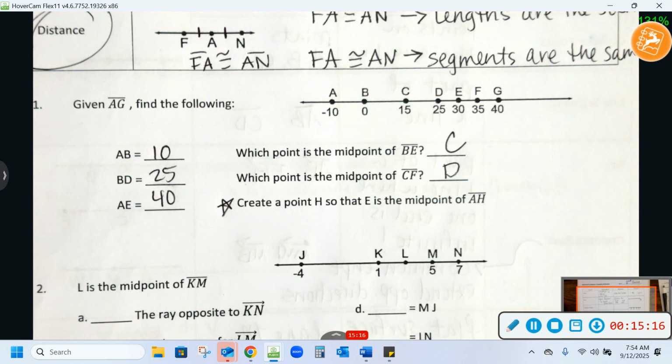Create a point H so that E is the midpoint. Go. Tell me where it would have to live. Got it?